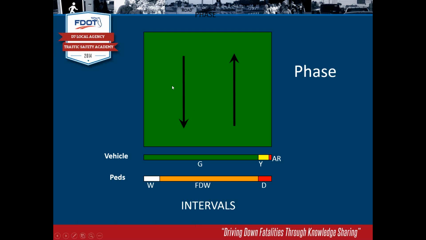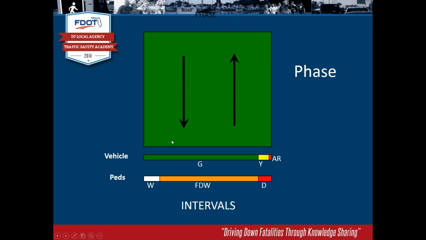Now within a phase, this is a north-south phase, it's a green phase, you can see, and in our north-south green phase, there's a bunch of different intervals that make up the phase. In this case, for the vehicles, there is a green portion of the phase, the green interval, where the signal is green, followed by yellow, and then a short all-red time.